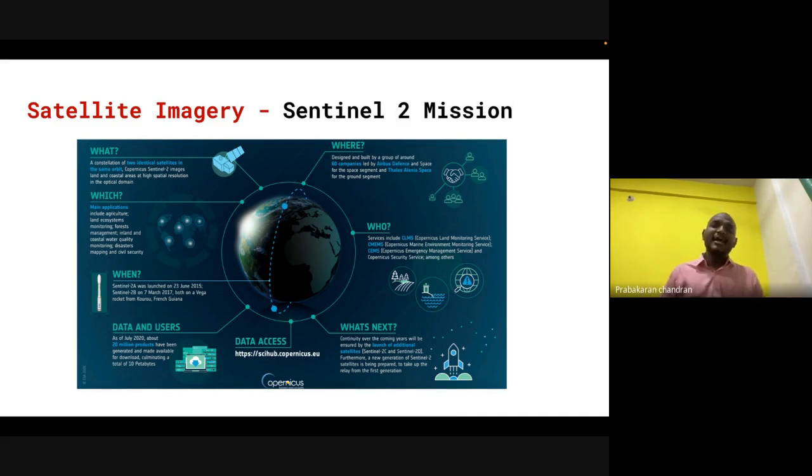AWS provides an open data registry where we can download it, or we can also use it through Microsoft Planetary Computer. I will show that. And using this, we are trying to solve certain problems. Even in our industry, we use it for aquaculture monitoring and other use cases.